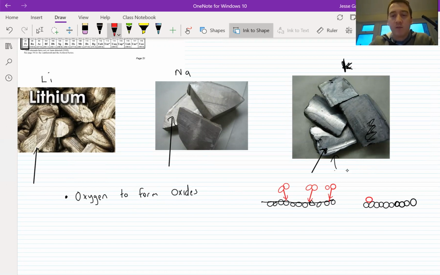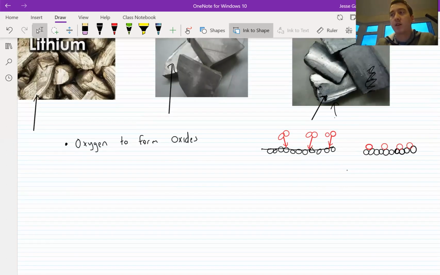So the oxygen molecule breaks up and the atoms are separate, the two oxygen atoms like this, and eventually they react to combine with the lithium atoms. So this would be a lithium oxide. So lithium will react with oxygen to form oxides. All of the alkali metals will react with oxygen to form oxides.